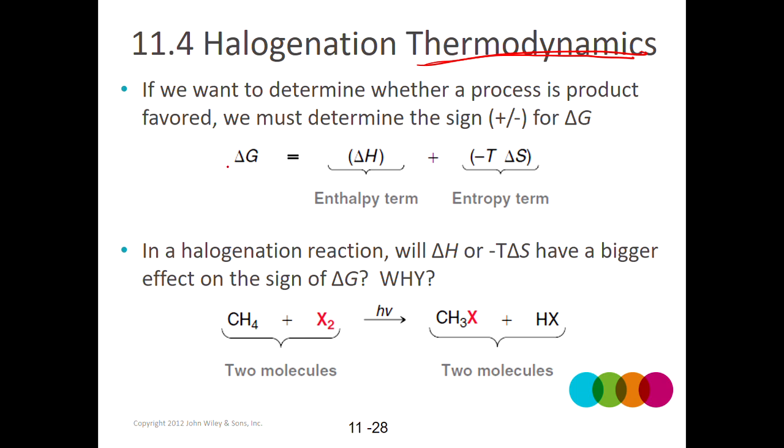So if you recall, for delta G, if it's negative, that's spontaneous or product favored. If the standard free energy is negative, it's going to be product favored. Alternatively, if the free energy change under standard conditions is positive, it's non-spontaneous, which means that it's reactant favored.